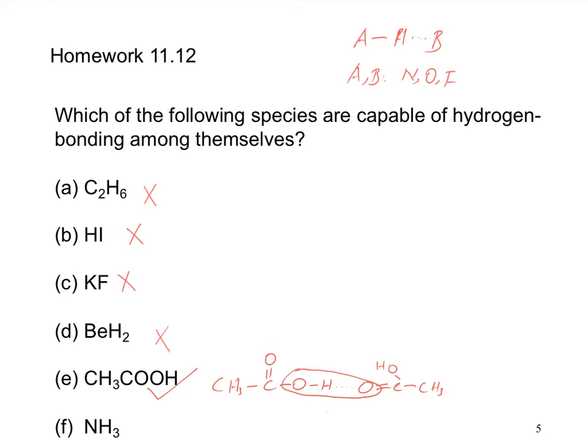The last one, ammonia, NH3. Can we have a hydrogen bond? Do we have a hydrogen? Yes. Do we have a nitrogen? Yes. The answer seems yes, we can have the hydrogen bond. And yes, we have NH3. We can bond it like this.